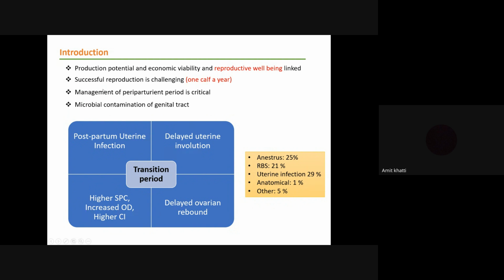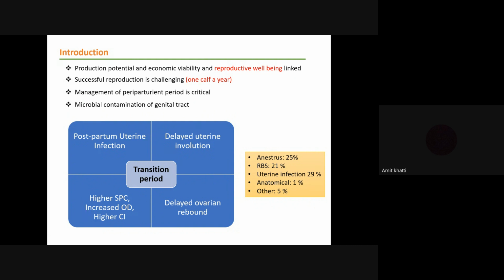So basically, postpartum uterine infection will challenge successful reproduction. And how can we have an idea? The gross or crude measurement of reproduction in any dairy setting is one calf a year. If the farmer is getting a calf each year, then broadly we can assess that reproduction is going well.